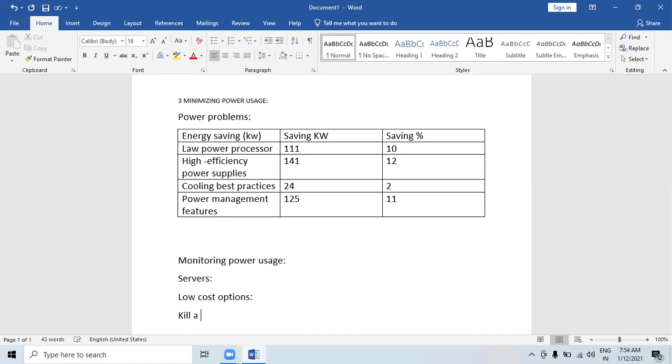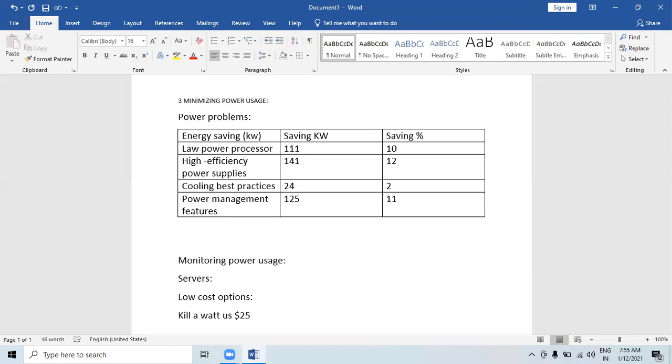Okay, so first is the Kill A Watt. The Kill A Watt device is a $25 product that you plug into the wall and then plug your computer or monitor into the device.